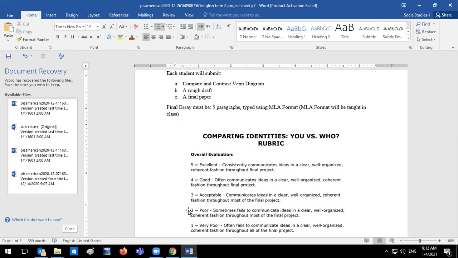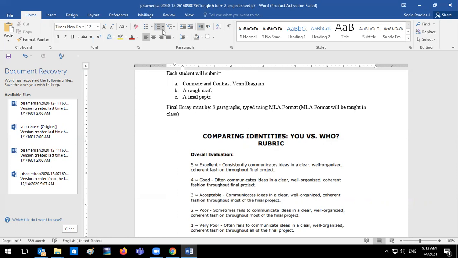In your essay, we need similarities and differences. So remember your introduction, you're going to introduce the novel, you're going to introduce what you're comparing your character to, and then you're going to put your body. In your body, you're going to discuss the similarities and the differences between you and the character.